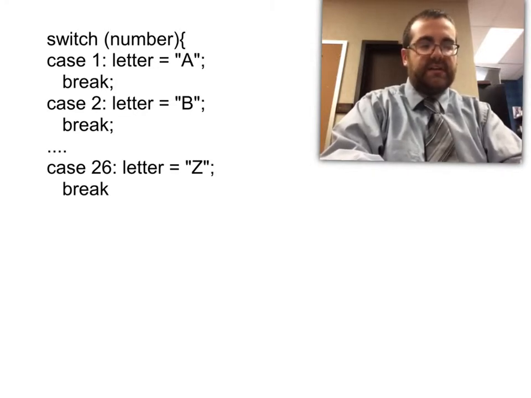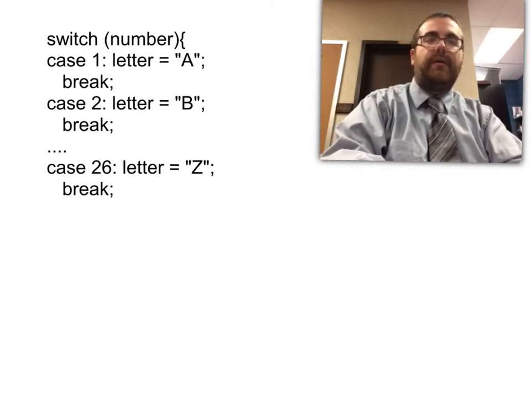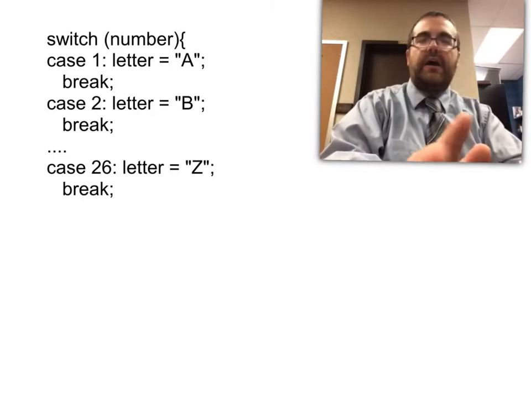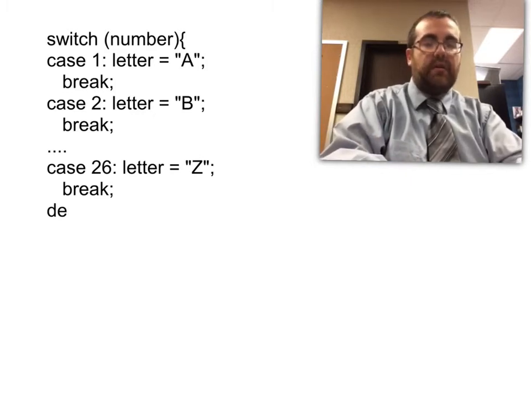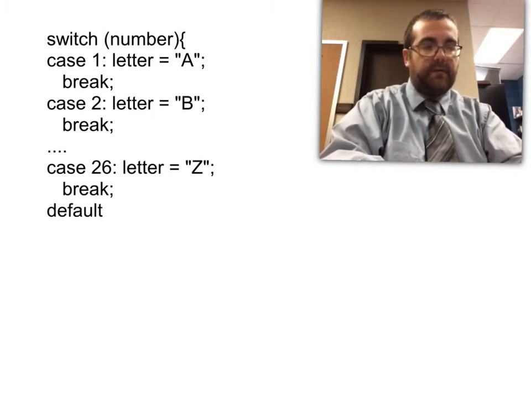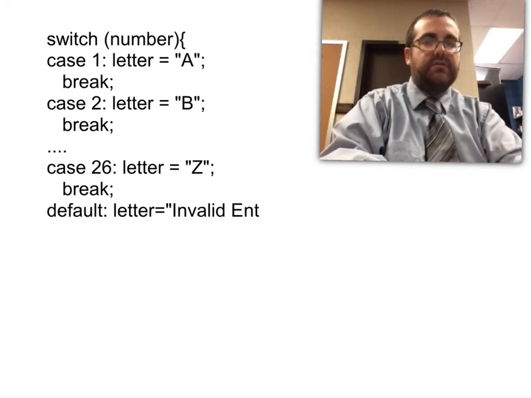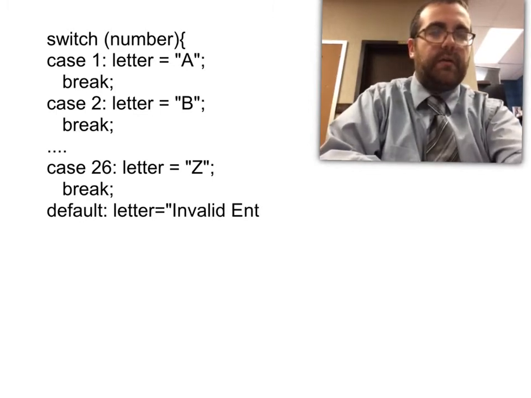So in this instance, we account for every letter of the alphabet. We did not account for if our user entered an incorrect piece of information. So that would be our default here. Default would be letter equals invalid entry. Have to bring that over a little bit here.